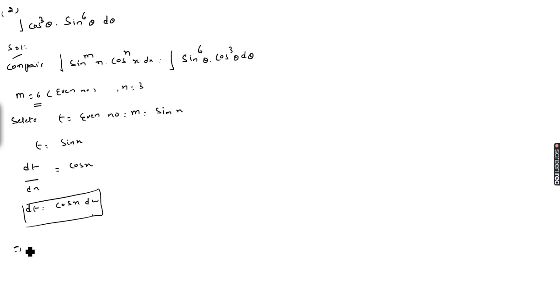And here the question is the integral of sin power 6 theta into cos cubed theta into d theta.